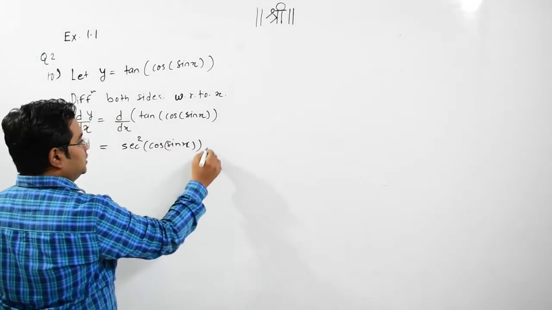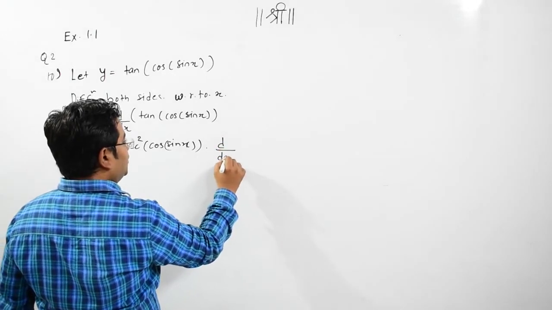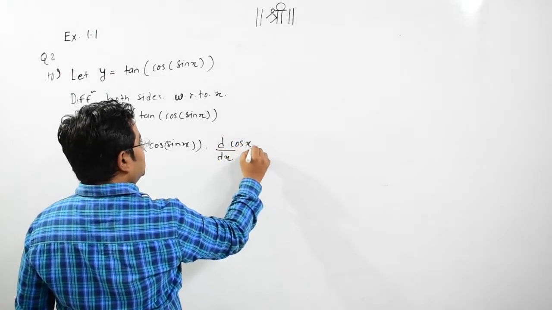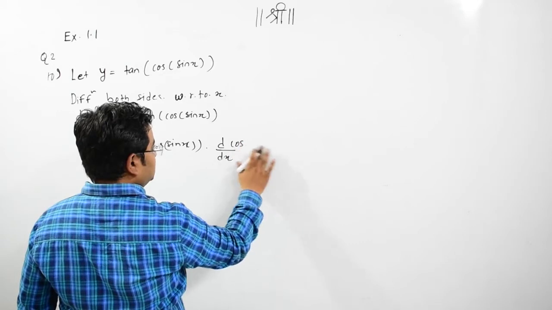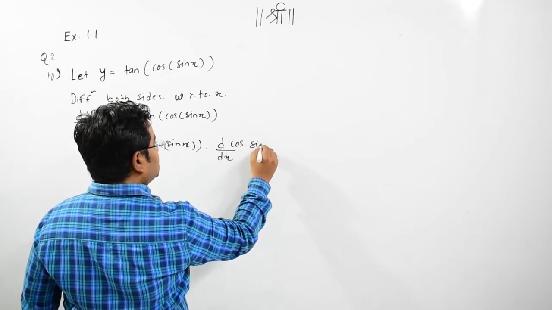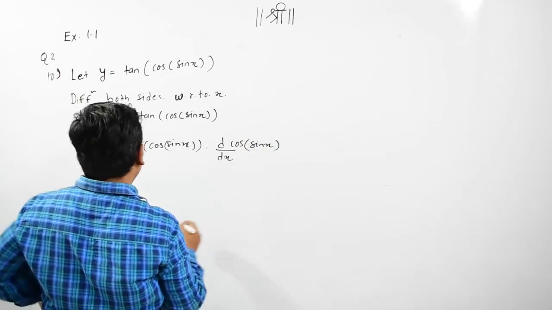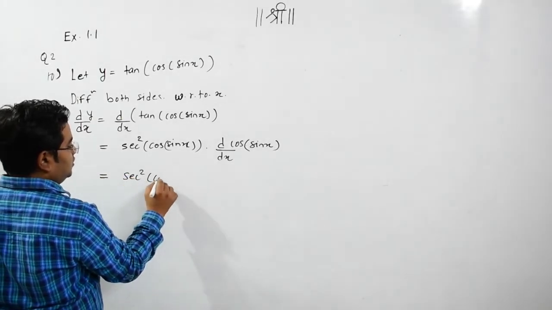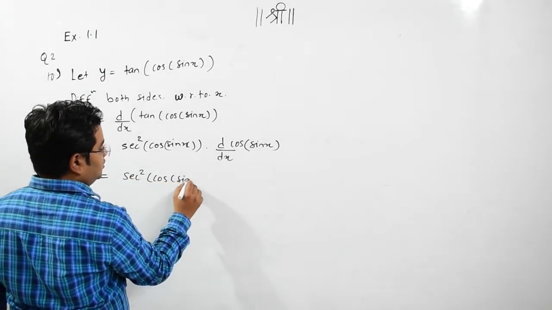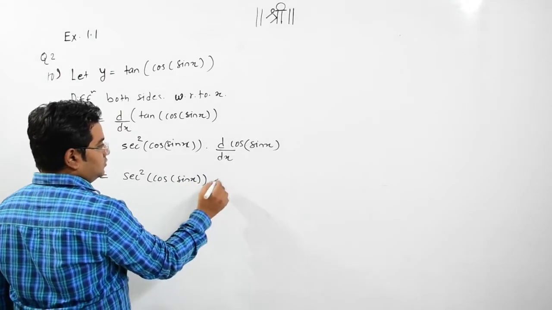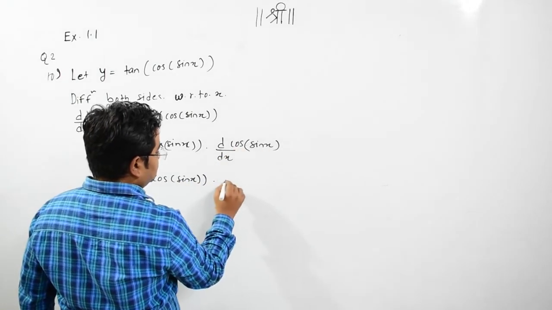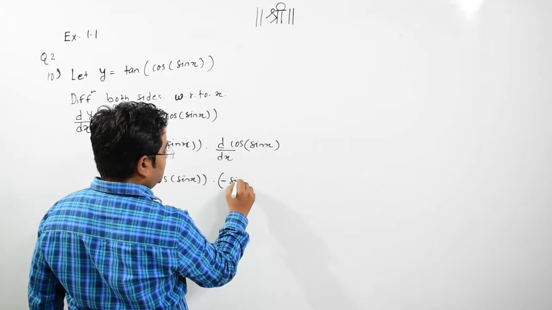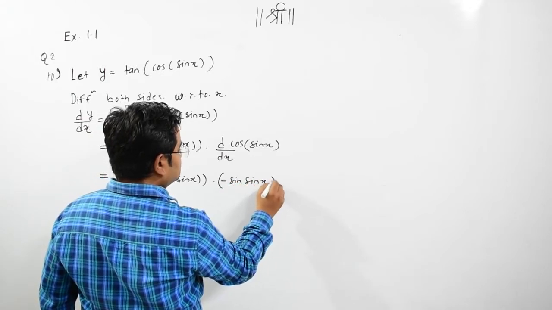Now again the derivative of d upon dx of cos x. It is not cos x, it's actually cos of sin x. Again when we differentiate it, sec square of cos of sin of x into the derivative of cos, which is nothing but minus sin x.